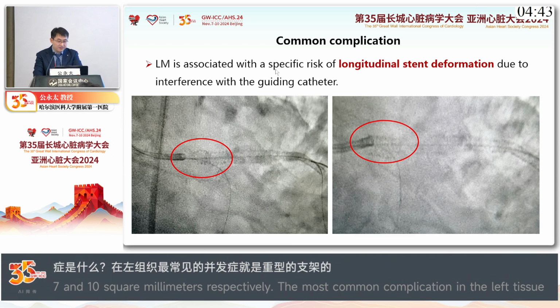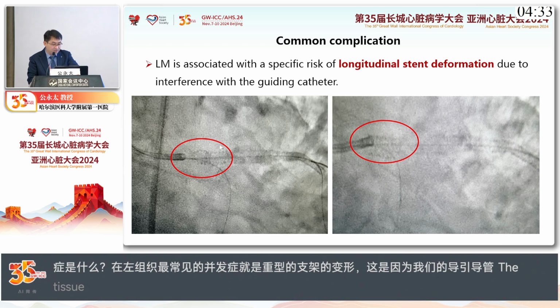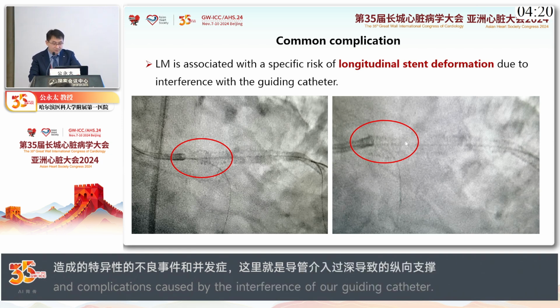It's a special risk due to the interference between the stent and the guiding catheter. For this patient, we can see the stent deformation caused by the deep engagement of the guiding catheter, and after POT, we can see the deformation is corrected.